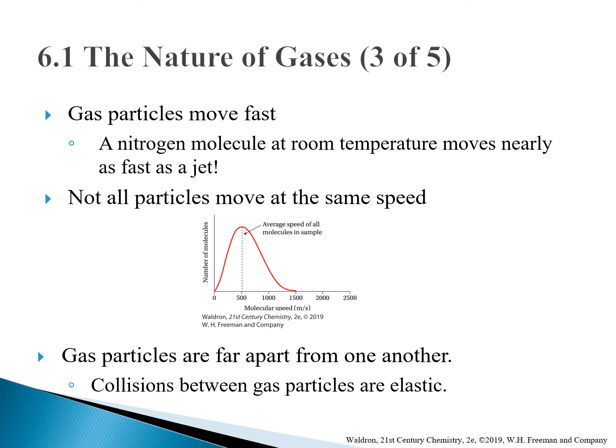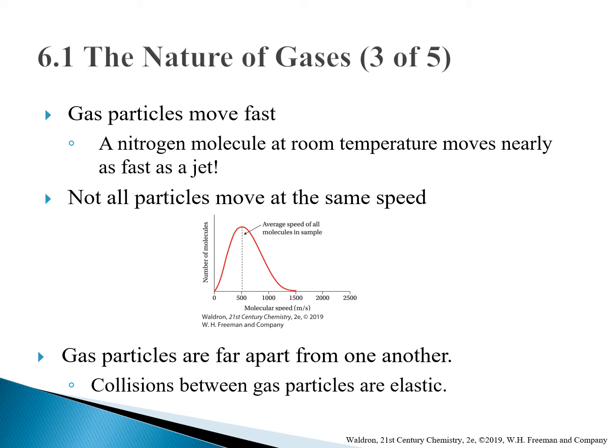All gas particles move incredibly fast. A typical nitrogen molecule at room temperature moves nearly as fast as a jet plane. If we could point a radar gun at the individual molecules in a sample of pure nitrogen, however, we would find that they are not all moving at the same speed.